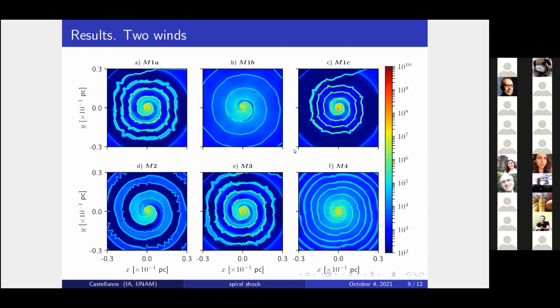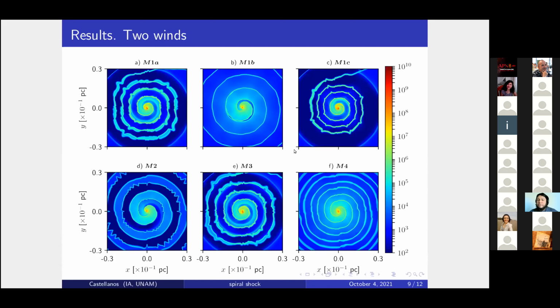The last are dominant in models with larger velocity differences between the primary and secondary winds. And these perturbations we can observe, for example, in here, or in this model here or here, form clump-like structures.